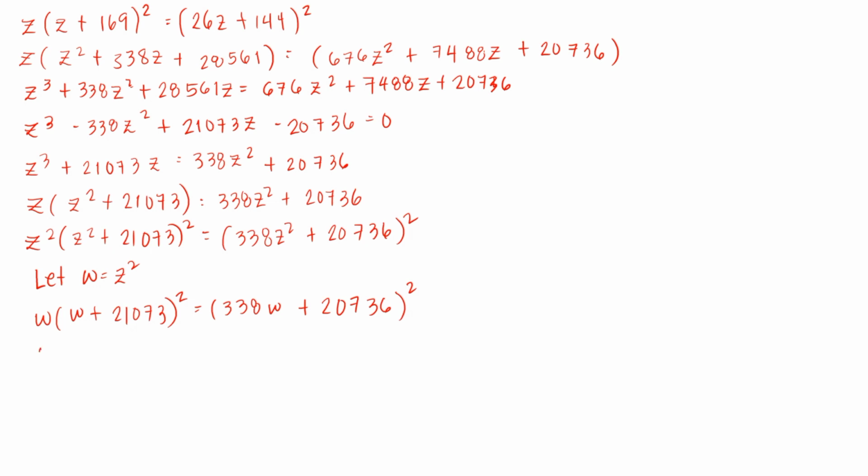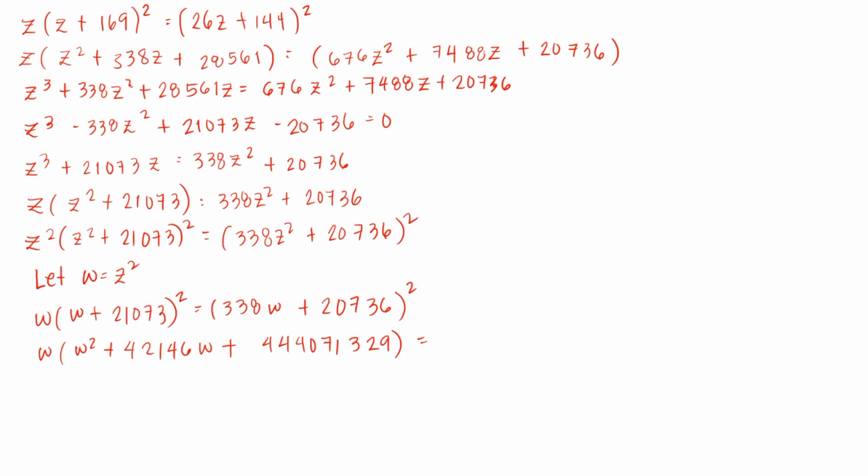Now let us distribute or expand. So this will be w squared plus, what is 21,073 times 2? That will be 42,146 w plus the square of this one. That will be 444071329. So the number will be very long.